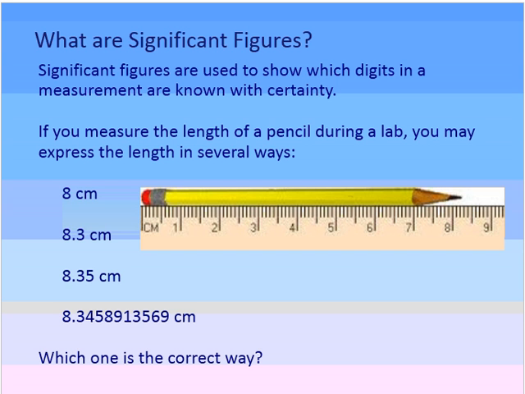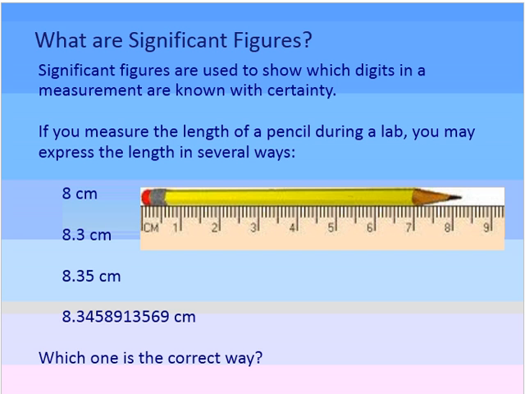Significant figures have to do with the precision of the instrument that you use to measure with. You can only measure to the precision of the instrument. So this ruler measures all the way down to the millimeter, with a little bit of uncertainty or guessing about how it falls in that millimeter range.